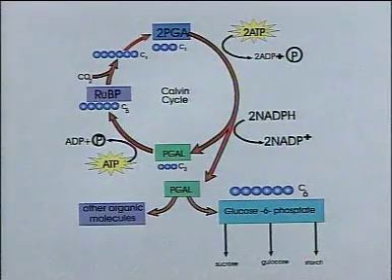During the Calvin cycle, carbon dioxide is fixed through the reduction by combination with a 5-carbon molecule known as RuBP, ribulose bisphosphate. Upon combination with carbon dioxide, RuBP forms a 6-carbon molecule, which immediately breaks down into 2 3-carbon molecules called phosphoglycerate, which are then reduced to phosphoglyceraldehyde, PGAL.